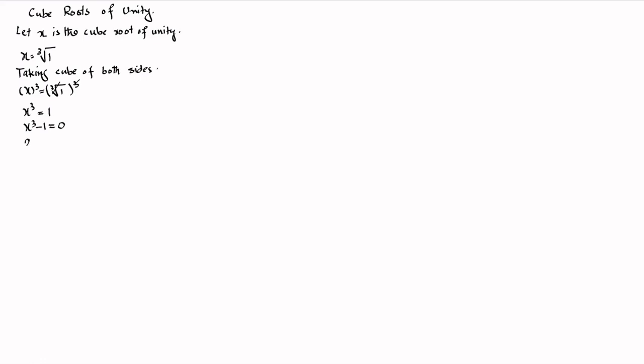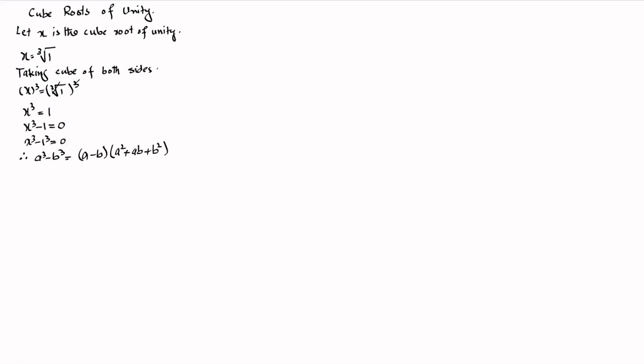This can be written as x cube minus 1 cube is equal to 0, and according to the formula, a cube minus b cube is equal to a minus b into a square plus ab plus b square.